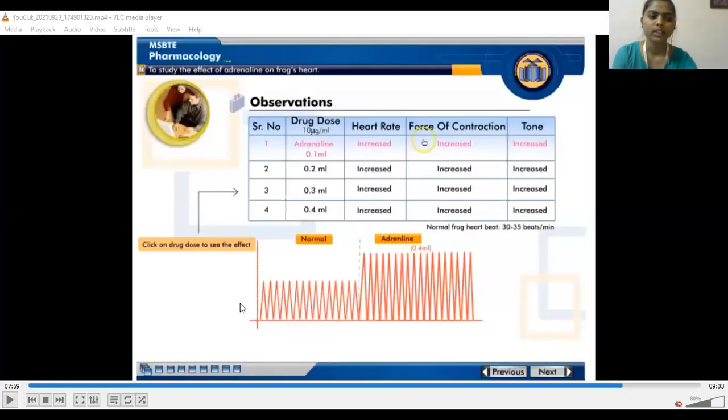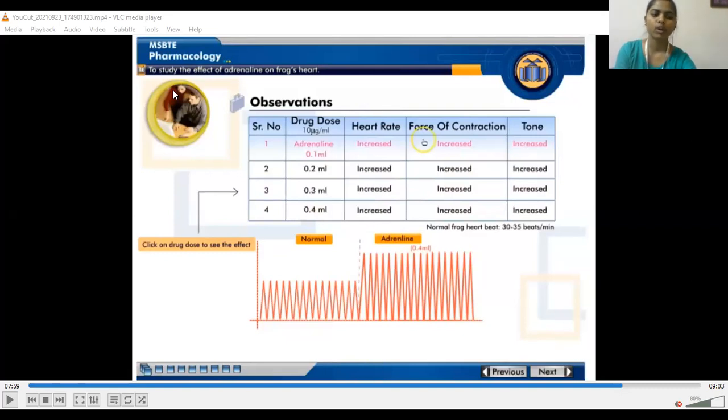So what happens if we increase the dose of adrenaline? All the parameters show an increase in the heart rate as well as the force of contraction after the administration of adrenaline.